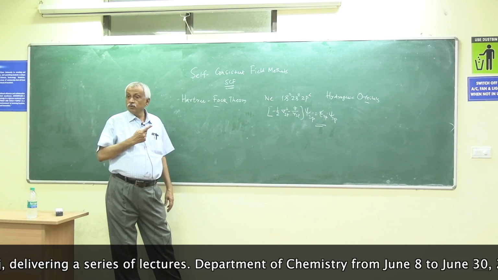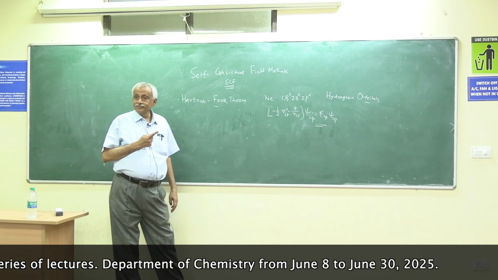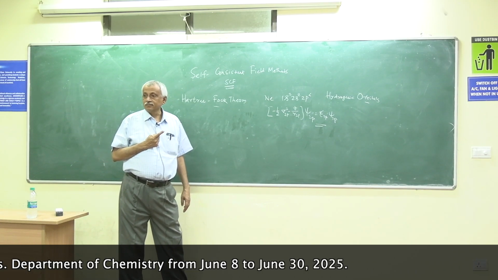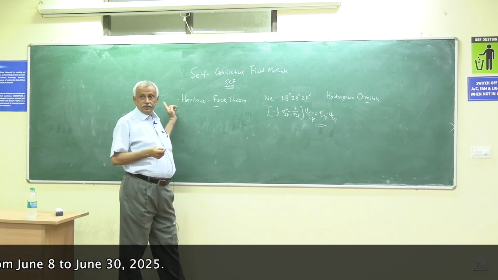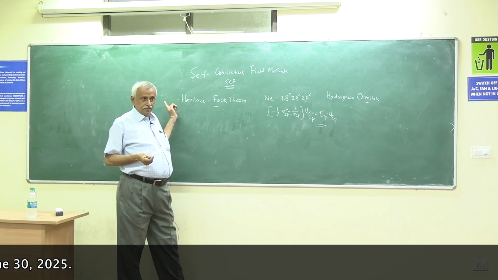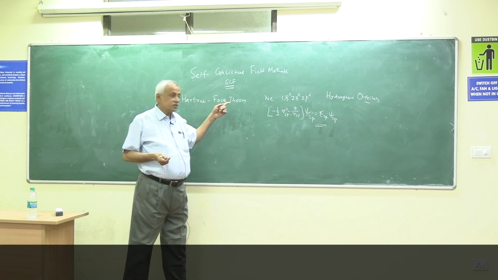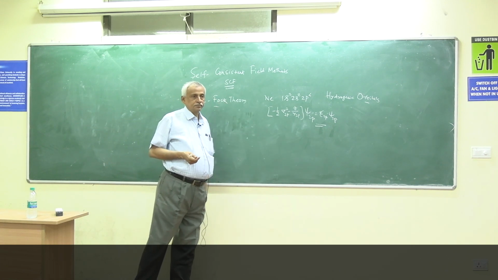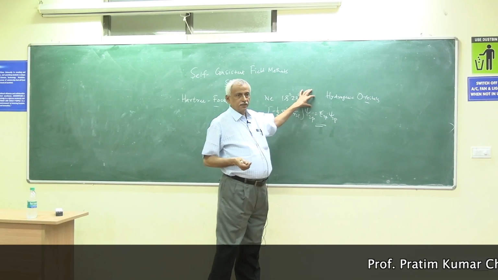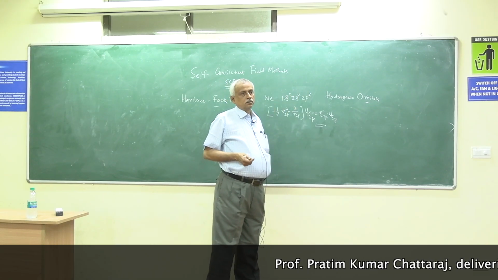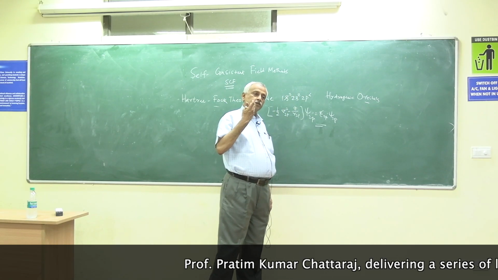You can see one important thing is missing, totally missing: electron-electron repulsion. You remember when I wrote the electronic Hamiltonian, the electron-electron repulsion term was there. When you go for the orbital picture or the electronic configuration the way we write it, that important term is missing completely.